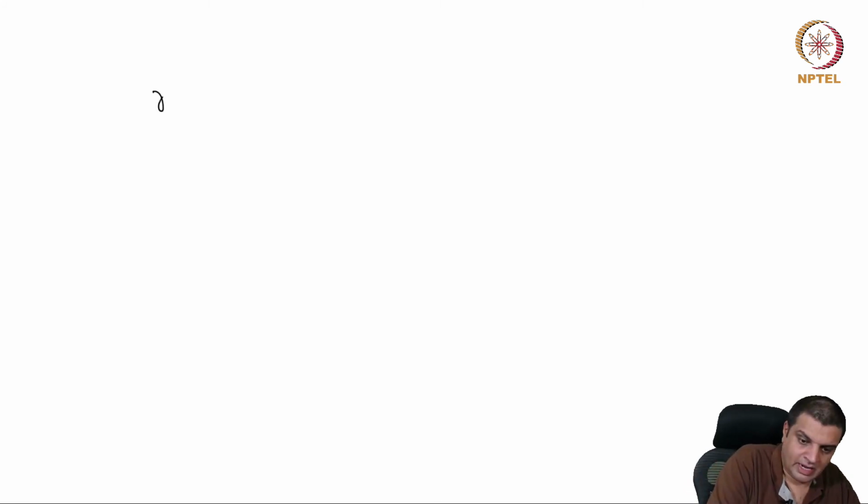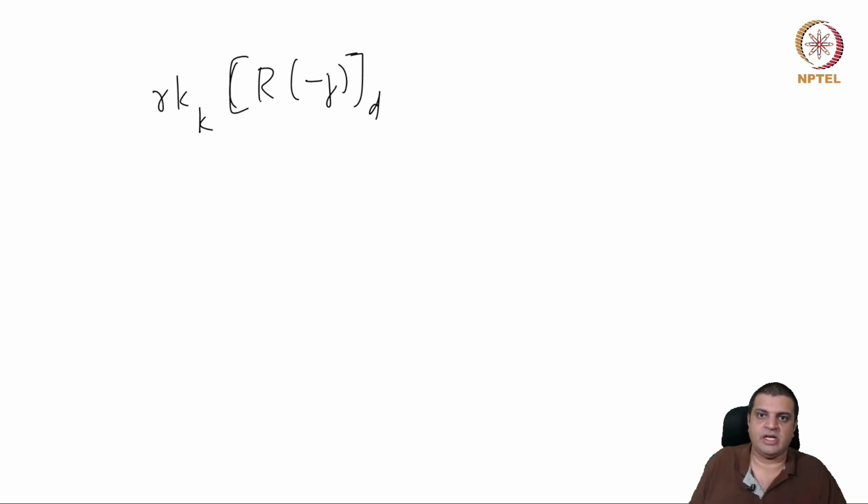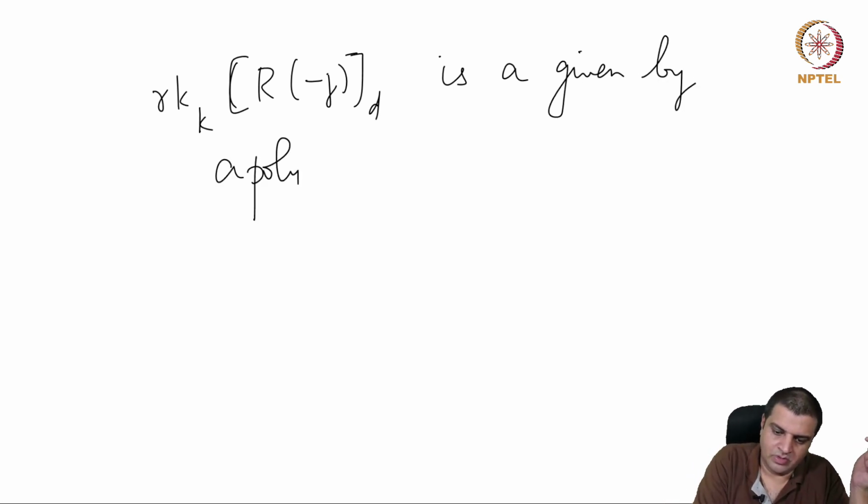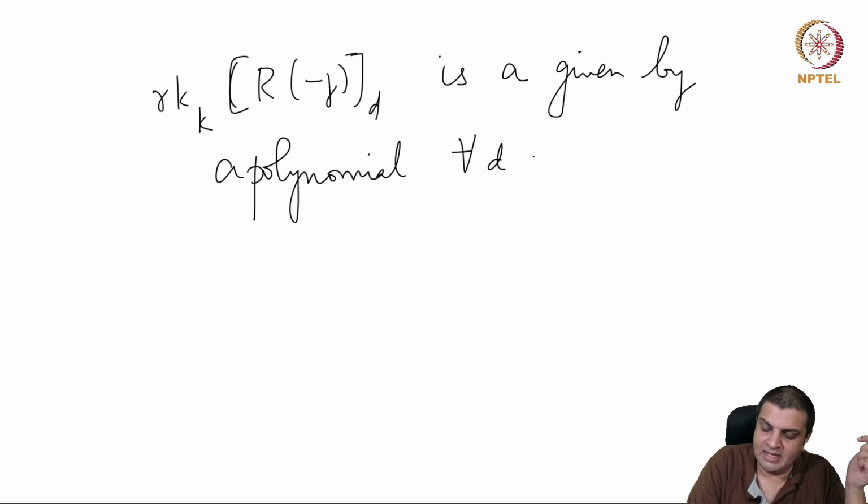So this is given by a polynomial. The rank over K of R(minus J) in degree D is given by a polynomial for all D bigger than J minus n.